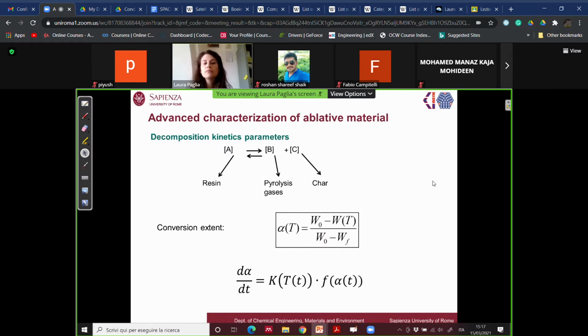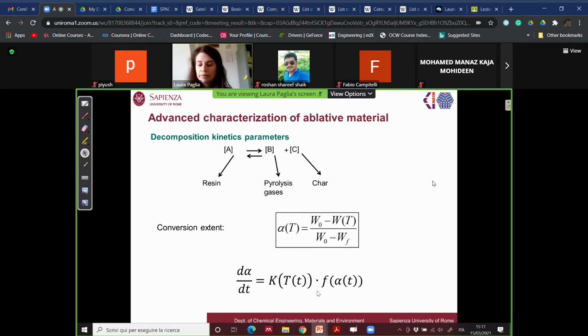Okay, so we can consider that the variation of alpha with time or with temperature, and during these lessons we will understand that it is the same thing to speak about time or temperature, depends on two different functions. The first function, K, depends on temperature, and the second function, F, depends on the extent of conversion.